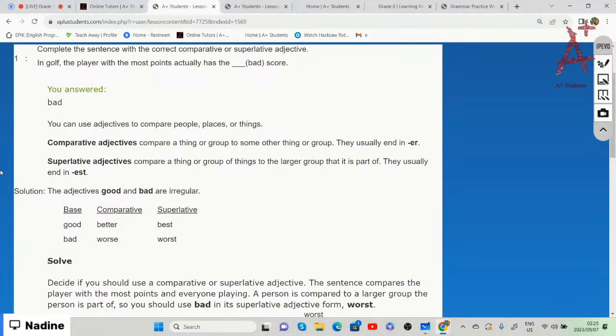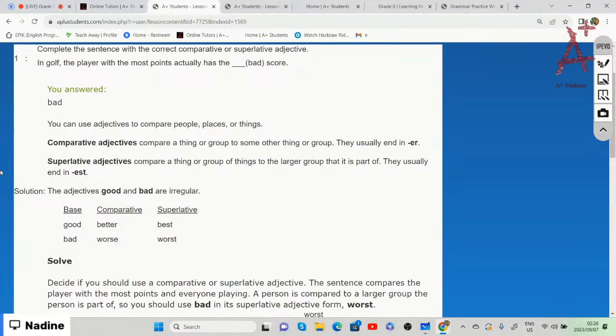And then superlative, where it's being compared to more than three people, we say best. So good, better, best. And once again, we don't say bad, badder, baddest. We say bad, it is worse, and it is worst.